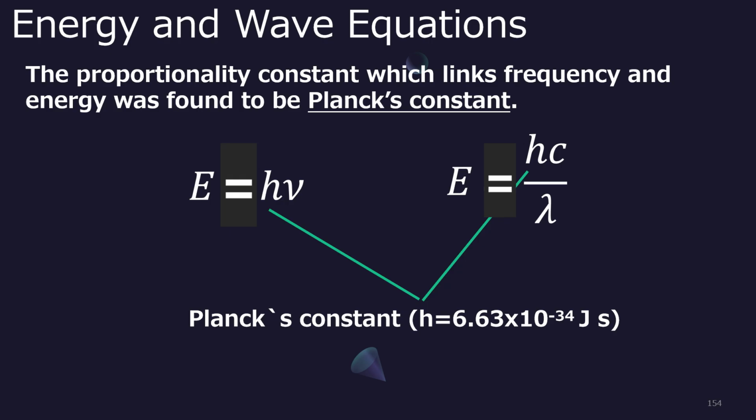So we get E equals h nu, or Planck's constant, times frequency. And E equals hc over lambda. Remember that nu equals c over lambda, so we can just substitute that in. So what this means is if we know the wavelength of any wave, we also know its frequency and we also know its energy.